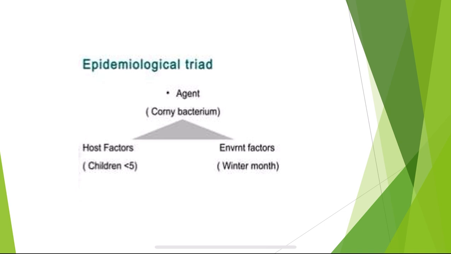So let us focus on this part now. The triad consists of agent, host, and environment. The agent factor, we are very well aware, is the causative organism, Corynebacterium diphtheriae. The host factor is usually children less than 5 years of age, and the environmental factor is winter months.